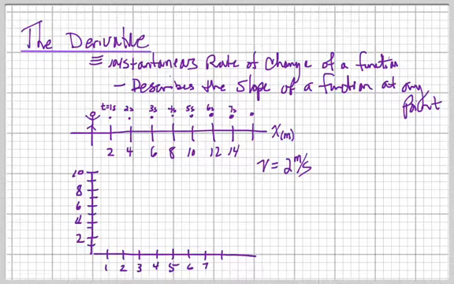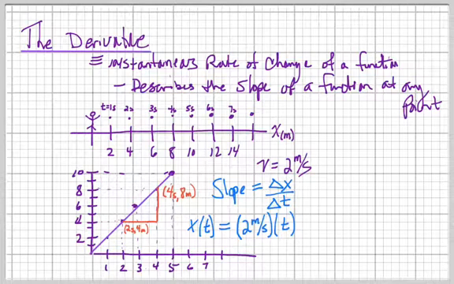Now, if we were to plot his position against time, we get these points, and you'll see that I get these little drawing things in there to make sure that I'm getting our points in there right. And we'll find that this line has a slope of 2 meters per second. So we can take any two of these points.